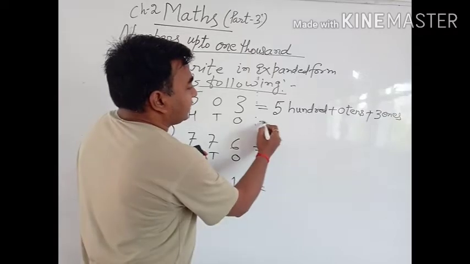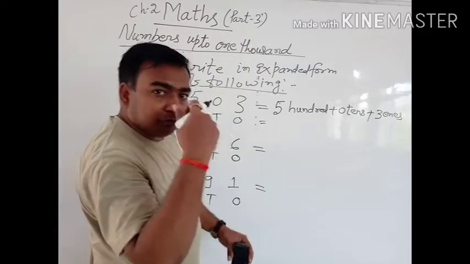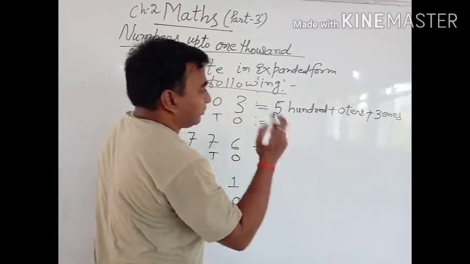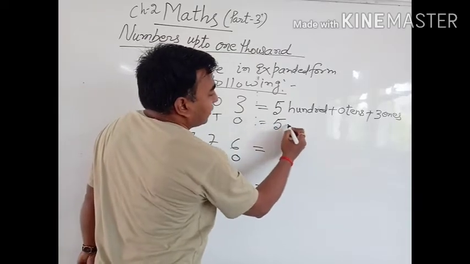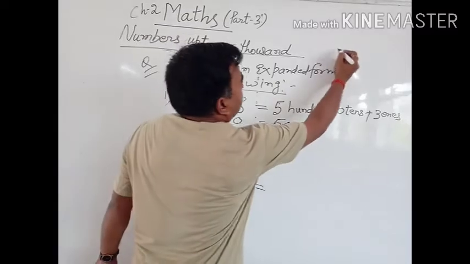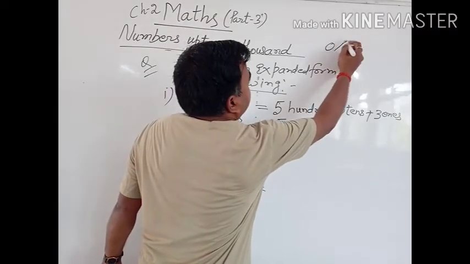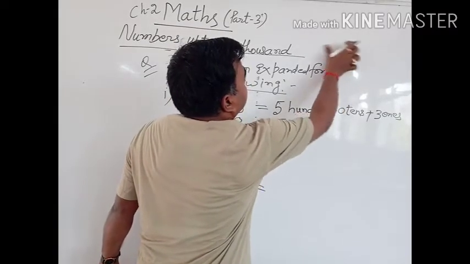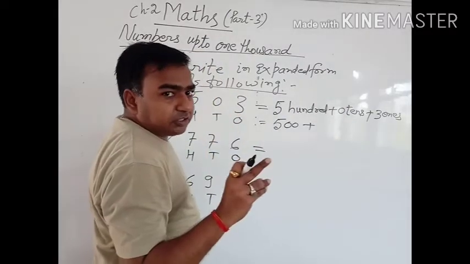Now you can write this expanded form in full number. 500 means 5 multiplied by 100, so 500. 0 tens: if we multiply any given number by 0, the result will always be 0.